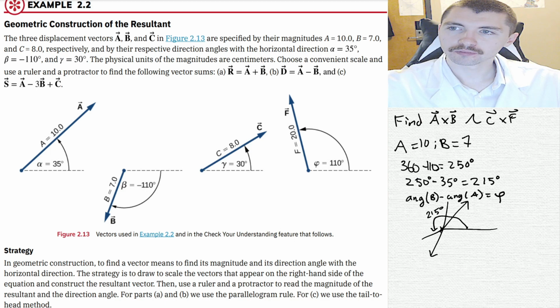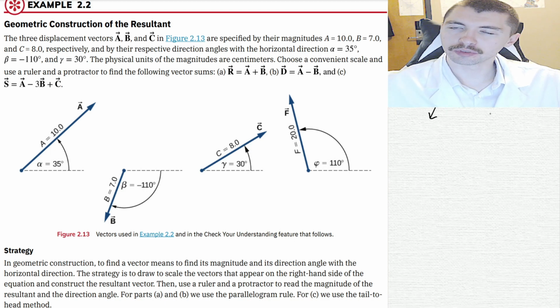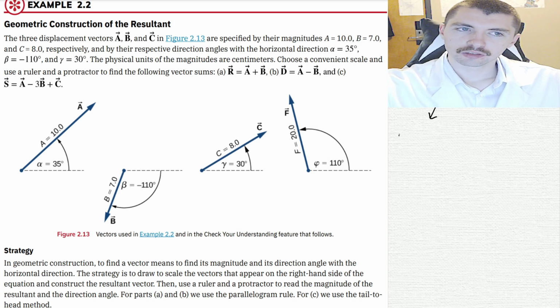So A cross B would be 10 times 7 times sine of that angle.